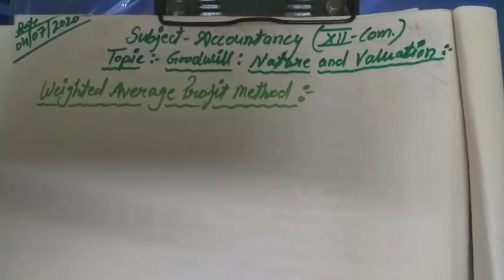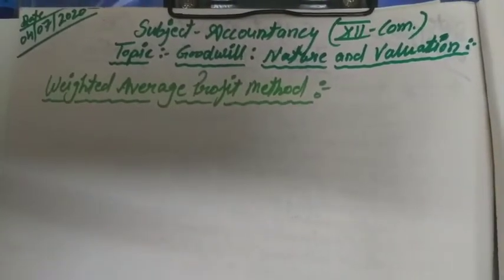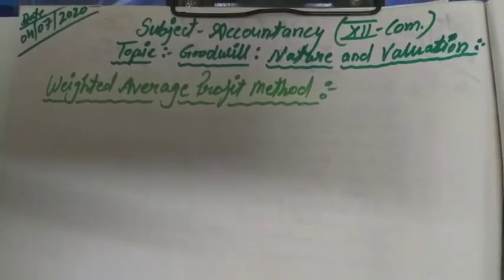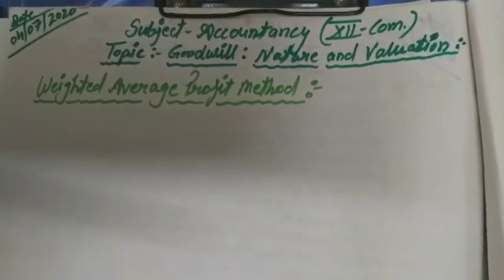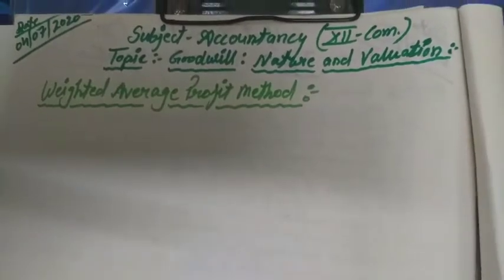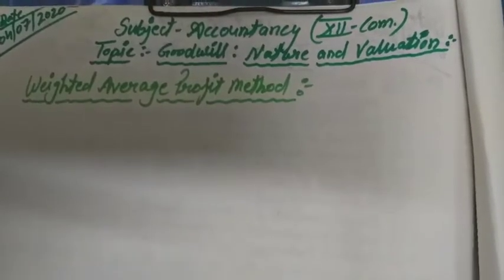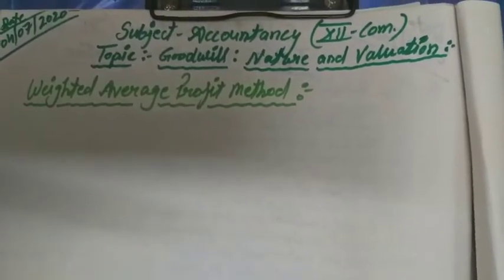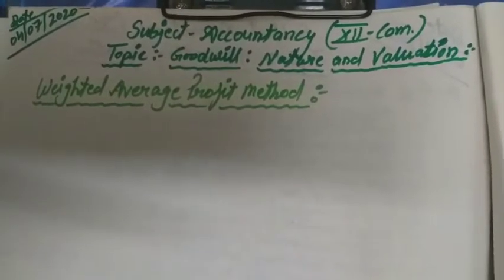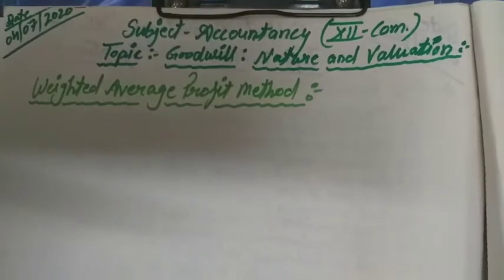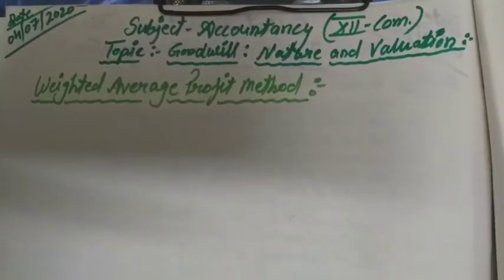Whatever the normal profit earned by the partnership firm, weightage is given for that particular year. Then we multiply the profit by the weightage, calculate the product of weightage and profit, and follow this process to calculate the goodwill of the firm.